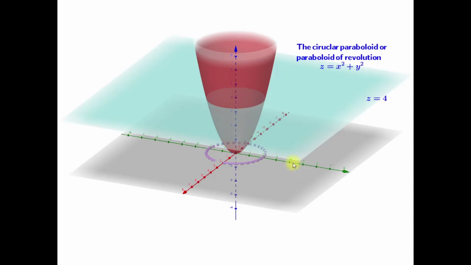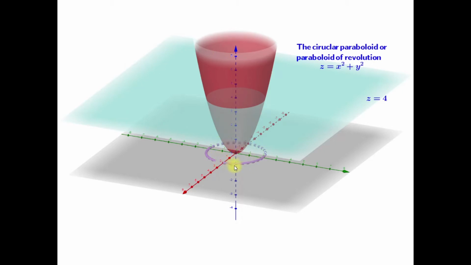The projection on the xy plane of the portion of the surface in between the plane z is equal to 0, that is the xy plane, and z is equal to 4, on the paraboloid z is equal to x square plus y square, is the region on and inside the circle in the xy plane.